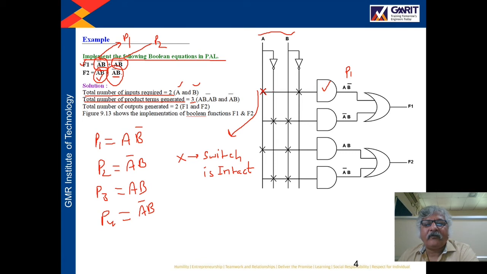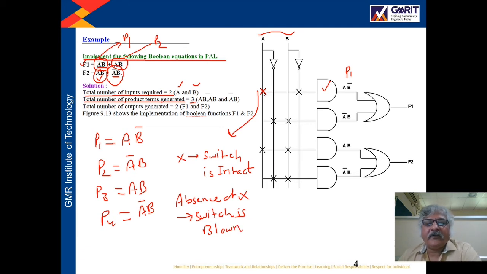And where there is no cross, it means the switch is blown. Absence of cross indicates the switch is blown. There is no switch, right?